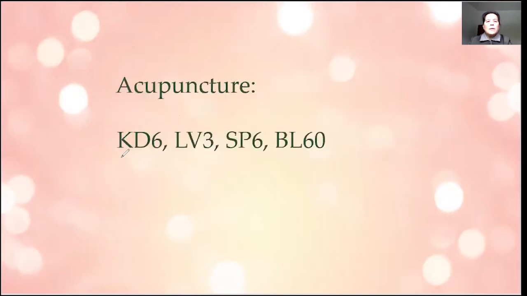So points, we go to kidney points to nourish kidney yin, and the liver points, the yuan-source point of the liver. If too much heat goes upward, we can go to Liver 2. And we can go to some gallbladder points to clear some heat in the liver and gallbladder, like Gallbladder 34 or maybe Gallbladder 43.